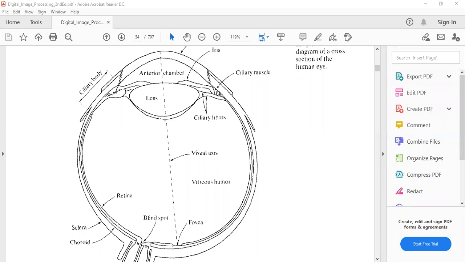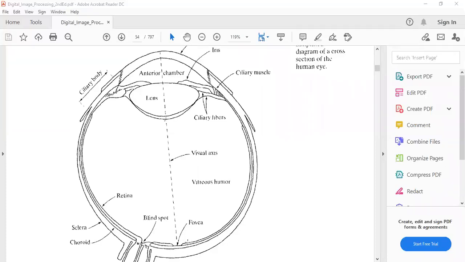Normally we have 6 to 7 million cones, and about 75 to 150 million rods.